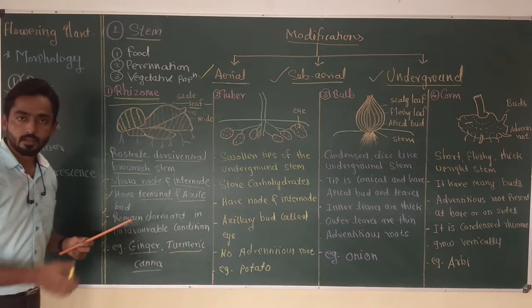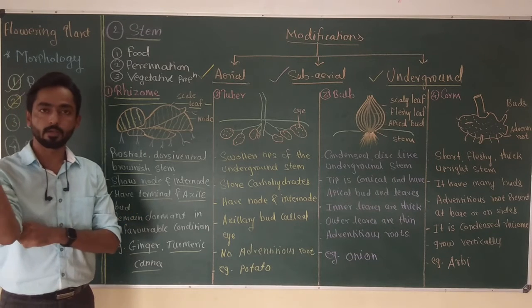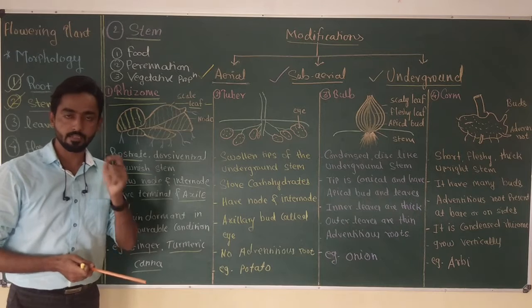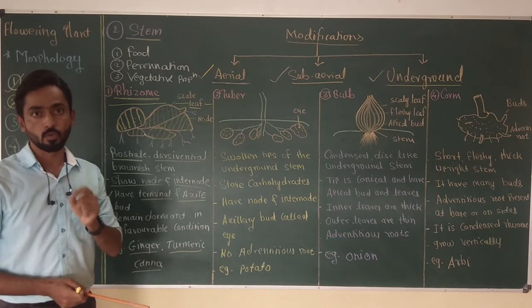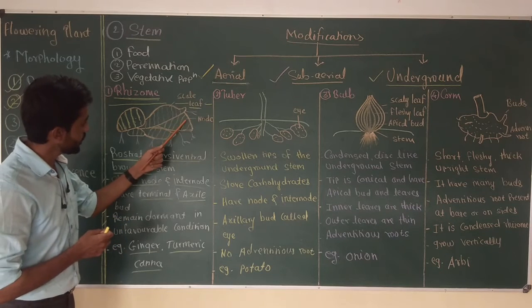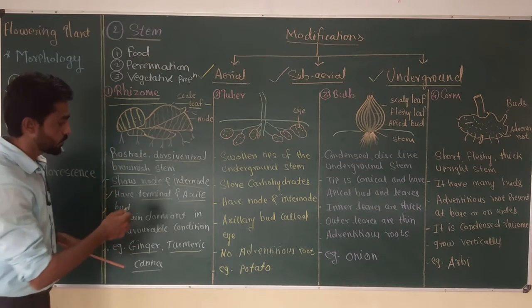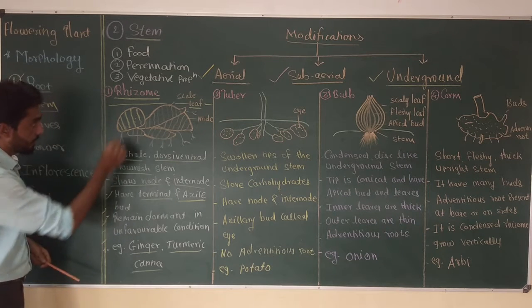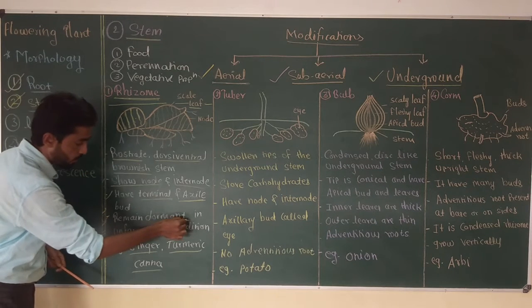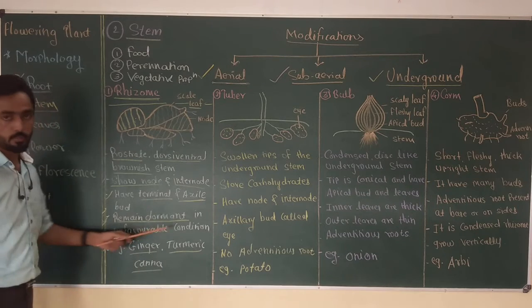Okay, we know that the stem shows the presence of two different types of buds: terminal bud at the tip of the stem and axillary bud at the axillary position on the node. So the node present on the rhizome also shows axillary and terminal buds, and the rhizome type of stem remains dormant in unfavorable condition.